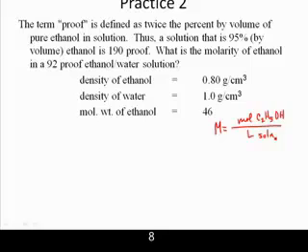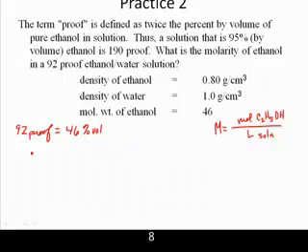It's 92 proof, and it says that proof is twice the volume percent. So 92 proof is going to equal 92 divided by 2, which is going to equal 46%, and that's a volume percent of the ethanol.